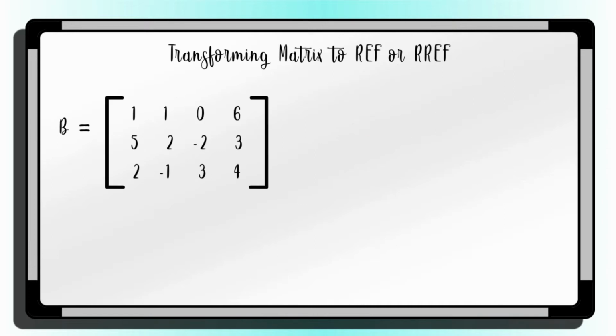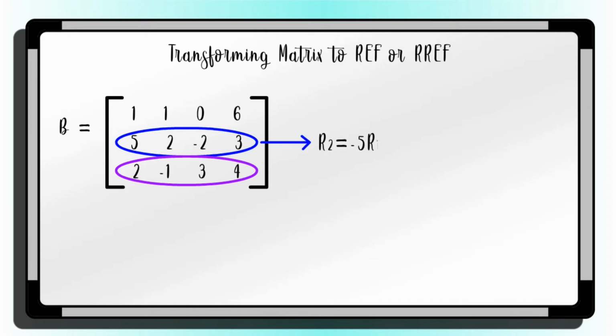Next, use type 3 operation for the second and third row. Multiply R1 by -5, then add to R2, and multiply R1 by -2, then add to R3.